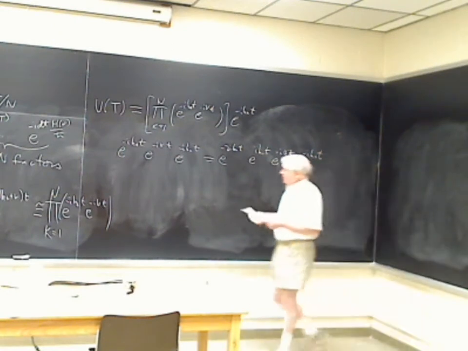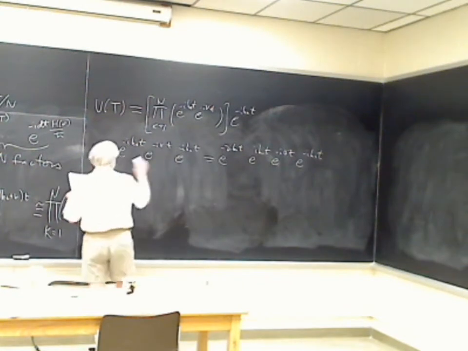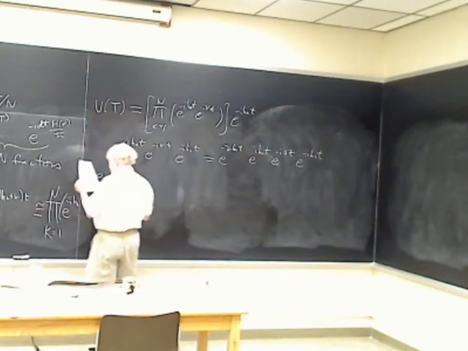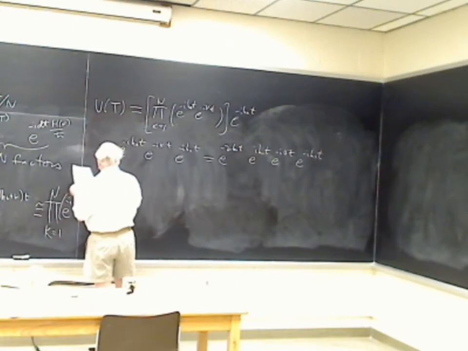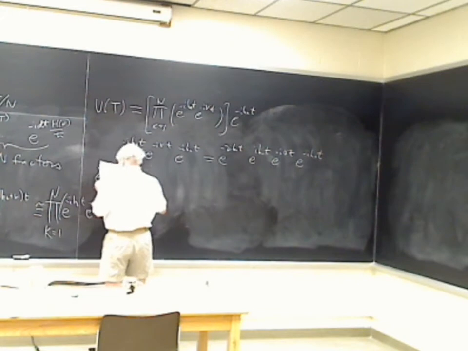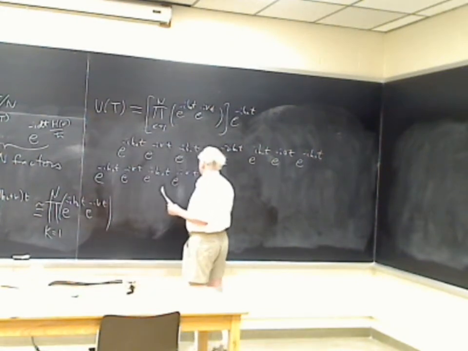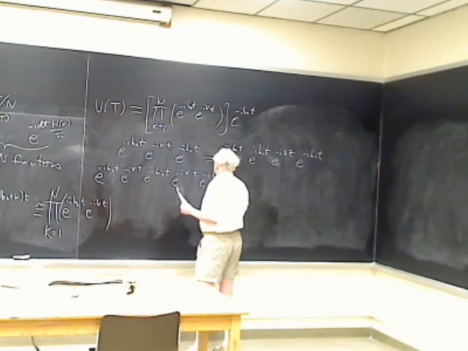And then, when that gets multiplied by the next pair, what we'll have is e to the minus i H0 t, e to the minus i V t, e to the minus i H0 t, e to the minus i V t, e to the minus i H0 t.